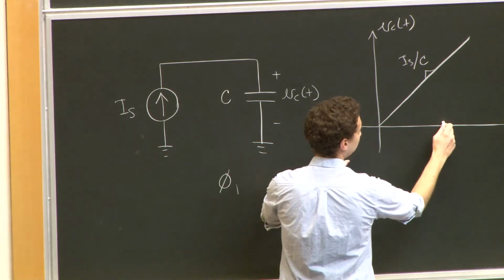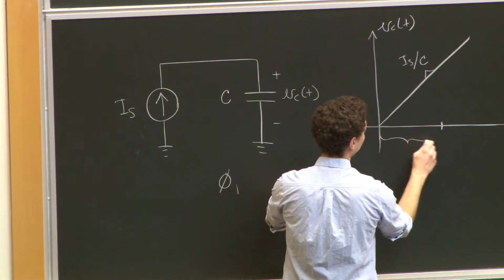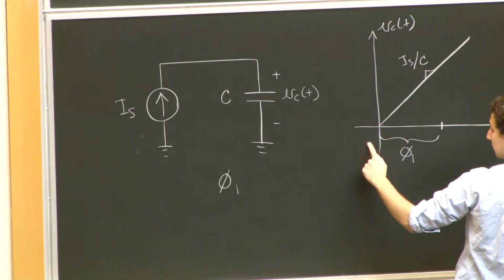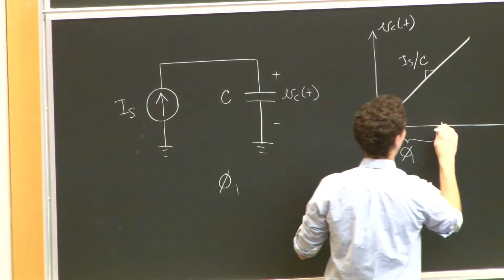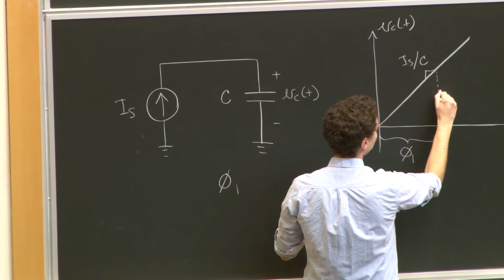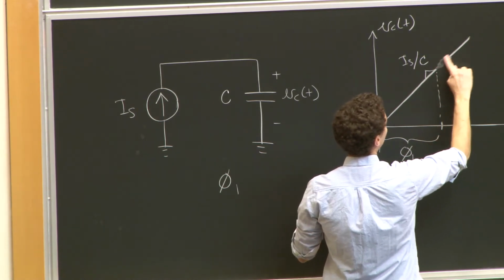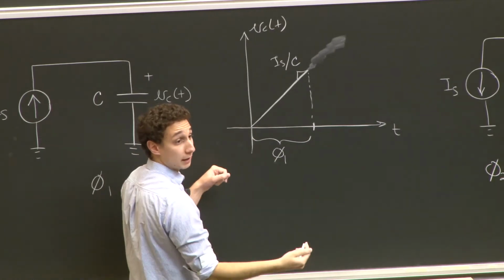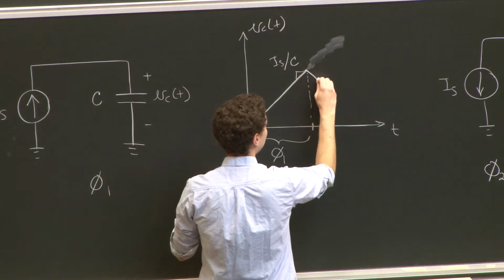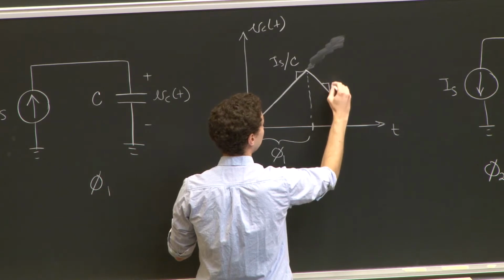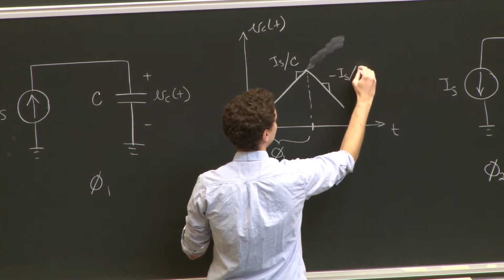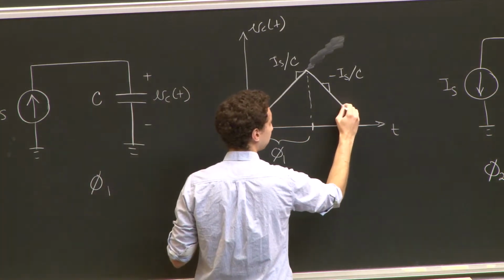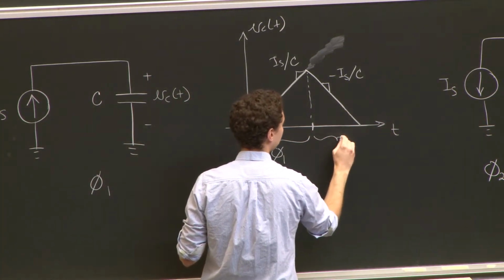Now, if I do that switch, if I call this part of the wave phase 1, and I call this afterwards phase 2, what's going to happen is this voltage, instead of going up forever, I switch and I go the other way. Now the slope will be the same, just negative. Negative I over C, assuming that the current value is the same. And it'll go down. I'm going to call that phase 2.